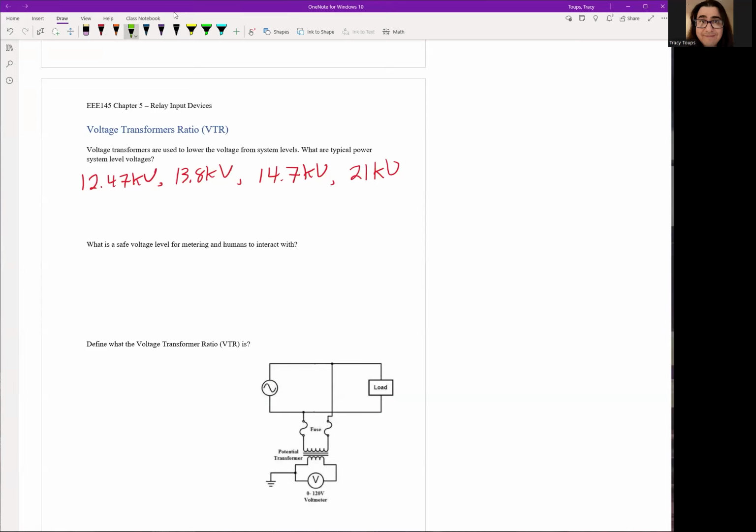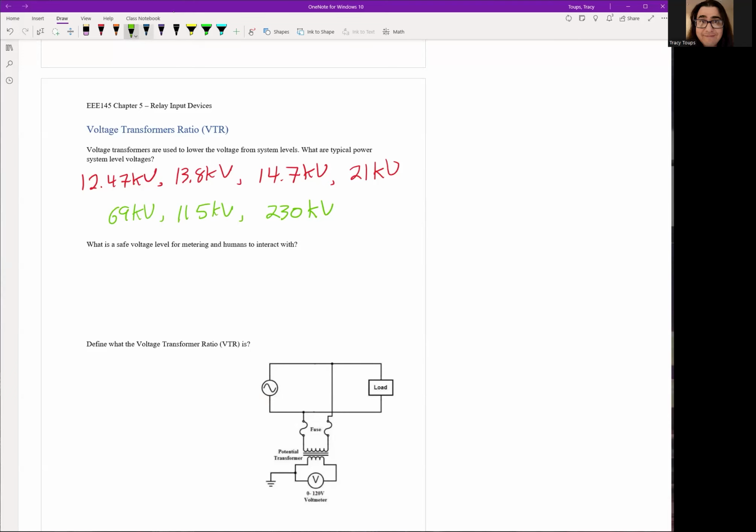We chose these voltage levels over the course of like 100 years, and we're just stuck with it. We all agree to use these certain voltage ranges, so we're not having something random out of left field. Okay, 69 kV for the transmission side, 115 kV, 230 kV. These are the typical voltage levels you'll see on the transmission side, especially here in California.